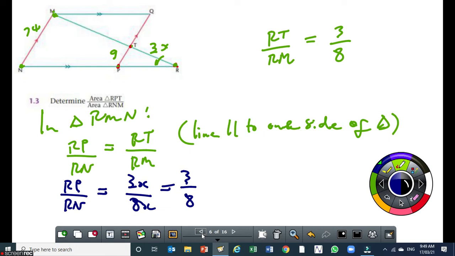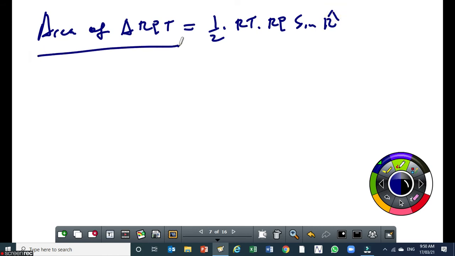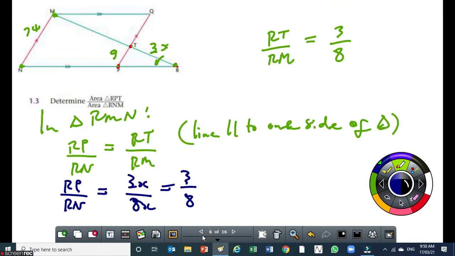Do you agree with me on that? RT times RP times the half, sine what? Sine R. So I can write that as a half times RT times RP sine of the angle R. Then the second one, that is the area of RNM.